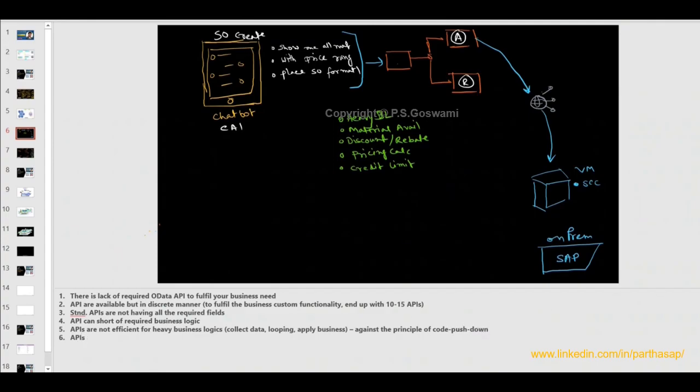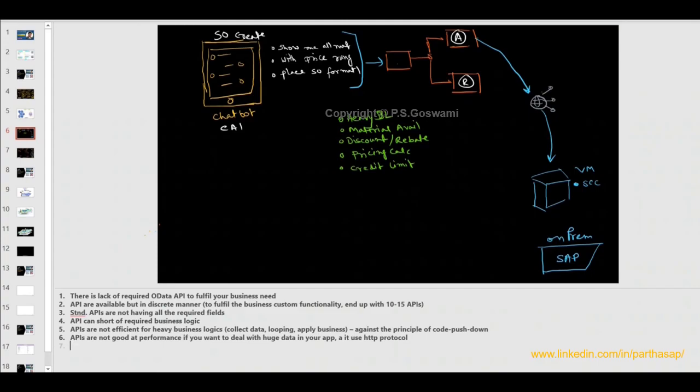Then APIs are not good at performance. If you want to deal with a huge volume of data, APIs generally use the HTTP protocol, which is not very efficient for that.